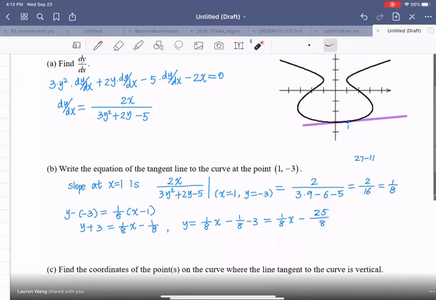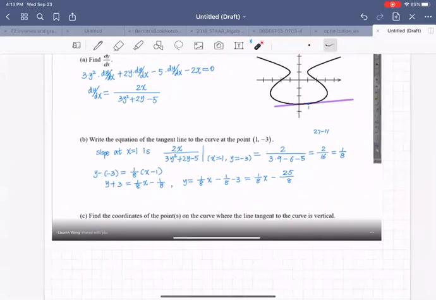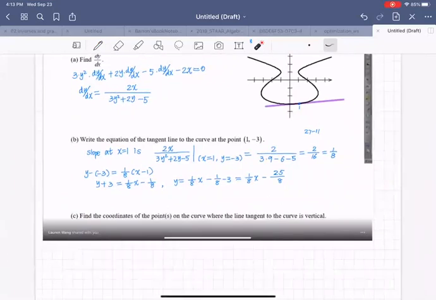Okay. Last question. Find the coordinates of the points on the curve where the line tangent to the curve is vertical. So they ask us to find any points on this curve so that the tangent line is vertical.